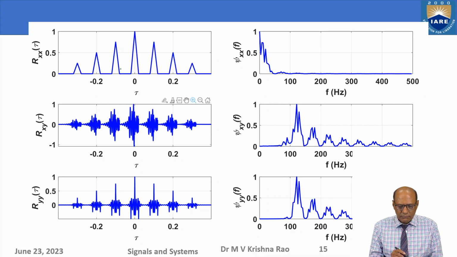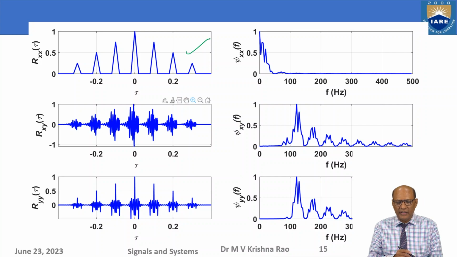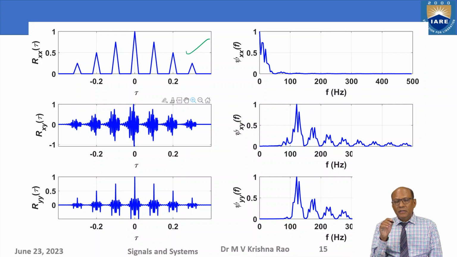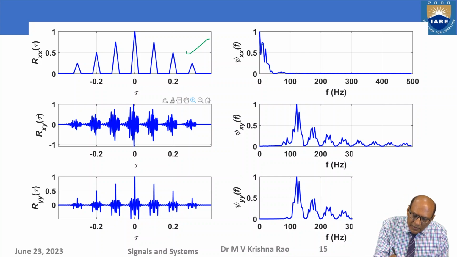So this is the autocorrelation function, the same autocorrelation function as earlier. It was a spectrum of a triangular waveform, so it will become like a sinc square, not exactly sinc square but shape-wise. It also has a spectrum here.